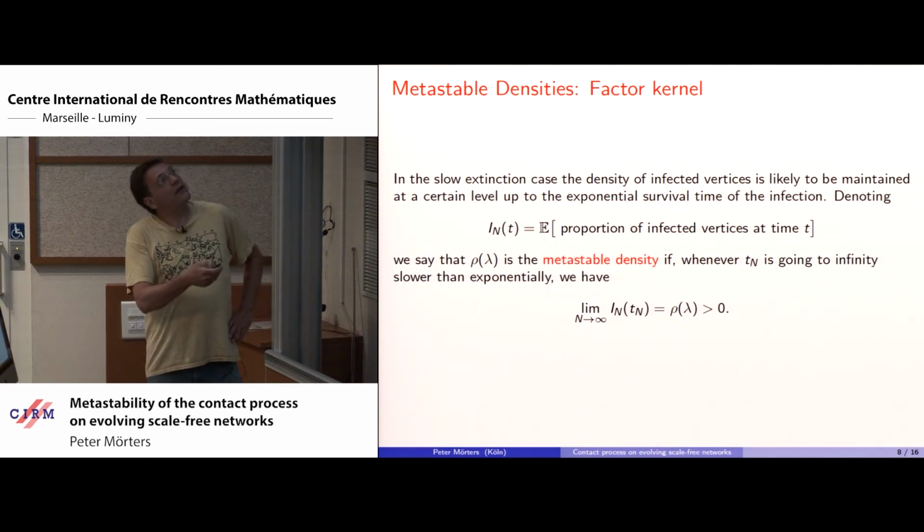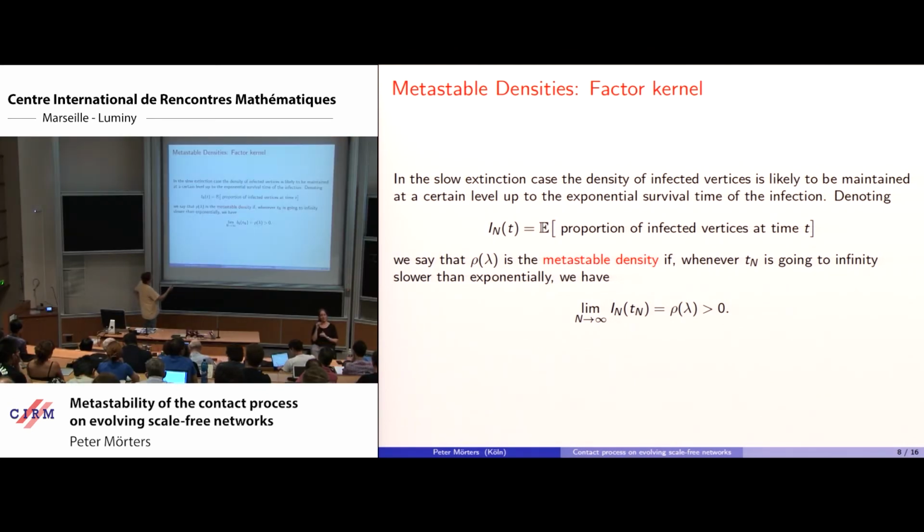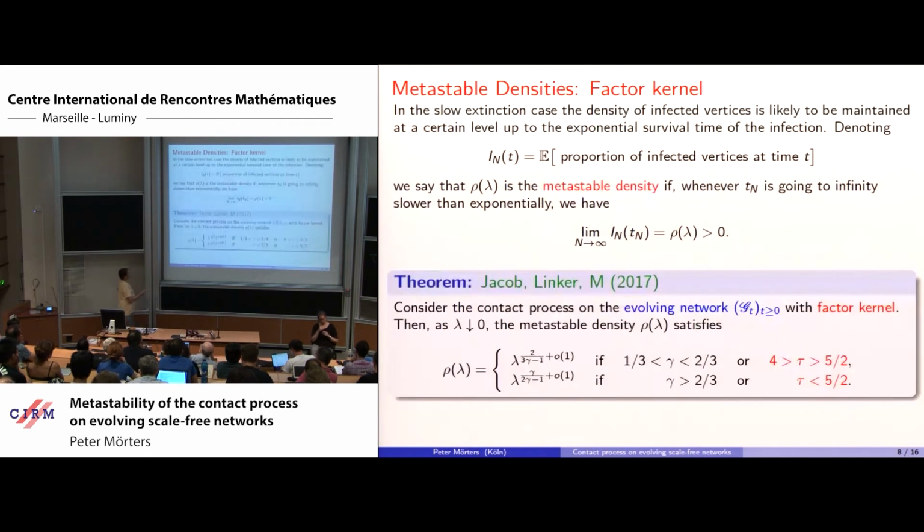So you look at the expected proportion of infected vertices at time t, and you look at a time which is going to infinity slower than exponentially, and then you look at the limit. So this is the expected proportion of infected vertices at a time when you expect to be in the metastable state, and if this limit is rho of lambda, we're interested in how this decays when lambda goes to 0, when you make the infection slow.